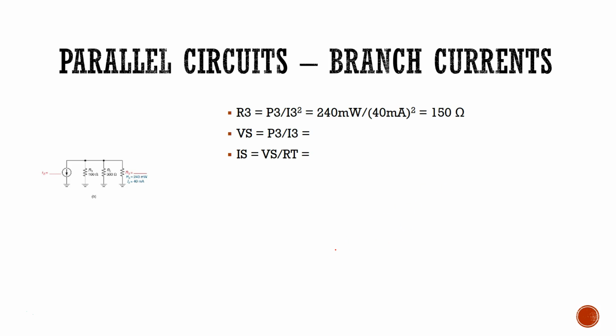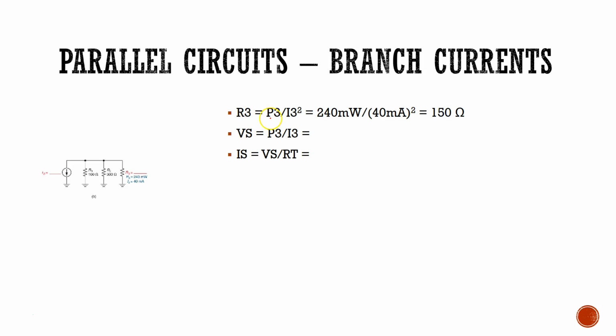And our last one here, again, is pretty much like solving a puzzle. They want to know what IS is. So first we solve for what we can. We know I3 and P3, so we can solve for R3 using R equals P over I squared.